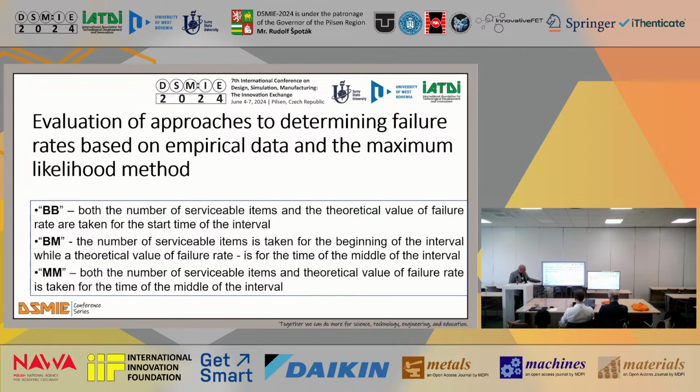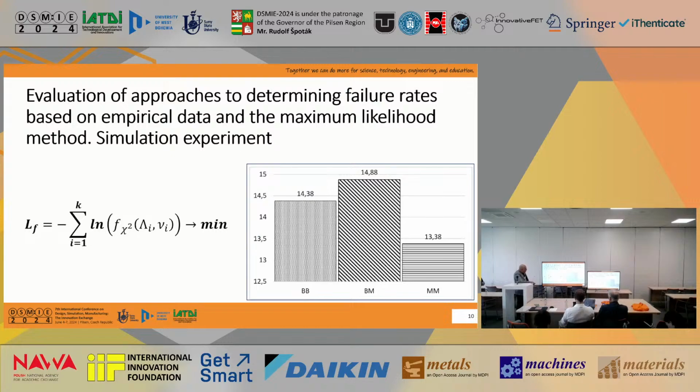And then both the number of serviceable items and the theoretical value of failure rate are taken for the middle of the interval. Based on this criterion and the simulation experiments, we found that this approach is the best because the value of this criterion is the minimum.